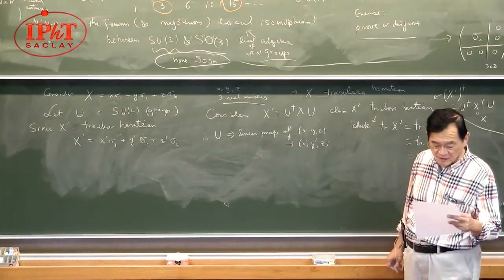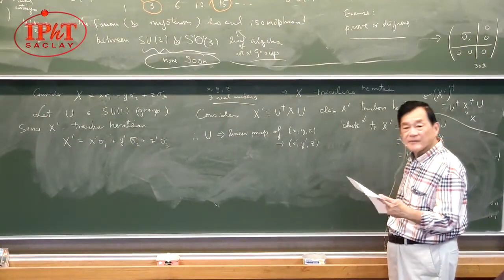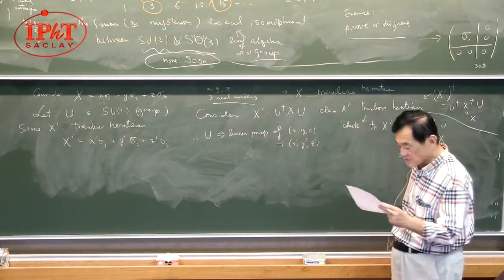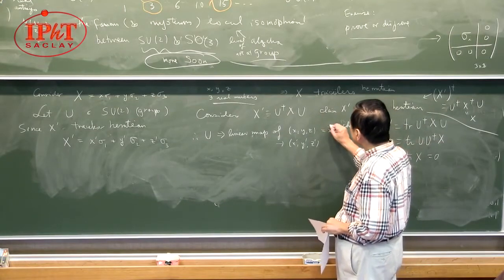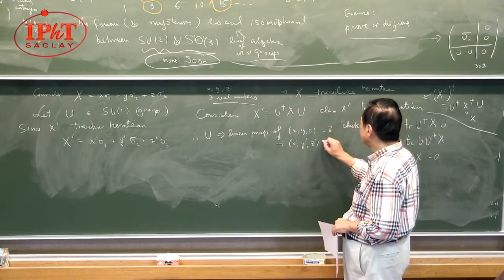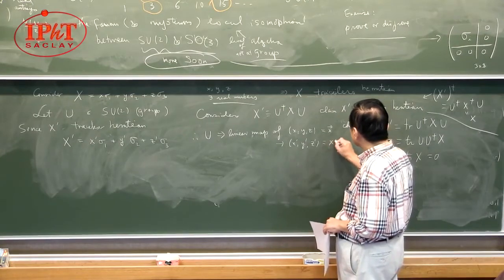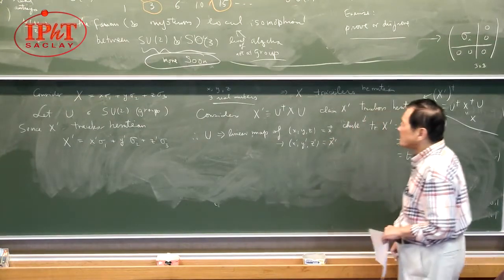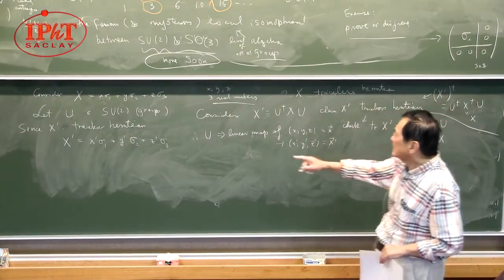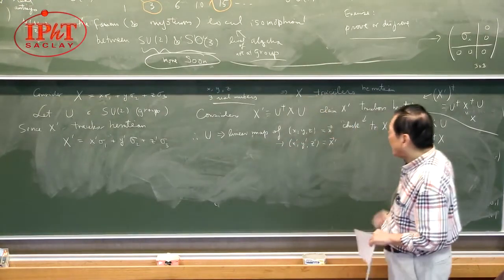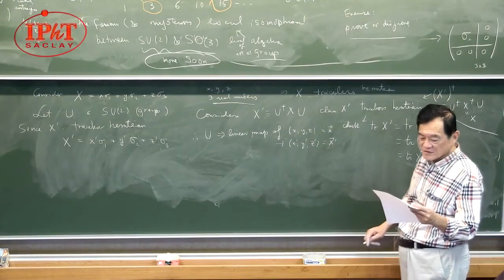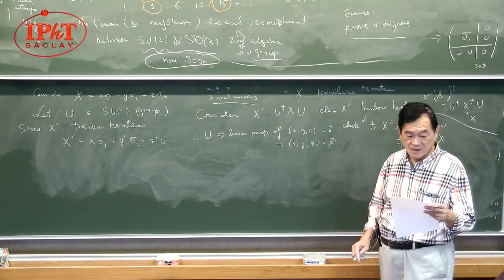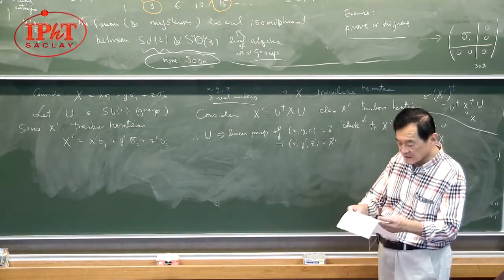For the people who know this, it's obvious. But if you're seeing this for the first time, you should check it. And it's natural to think of this as a three-dimensional vector X, and this as another vector X prime. So you see that every element of SU2 maps a three-dimensional vector to another three-dimensional vector. Okay? And the map is linear.